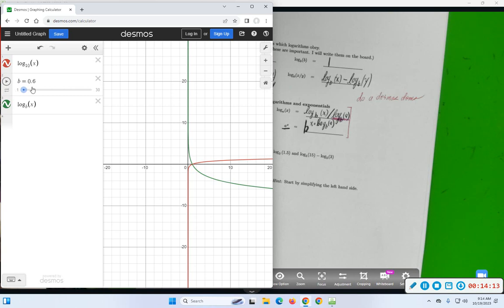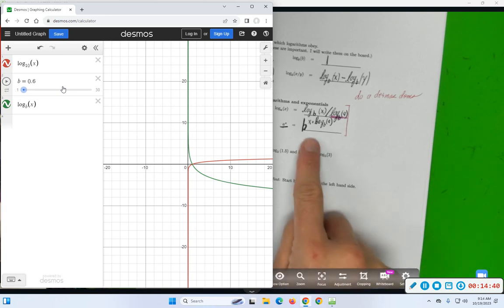What's the log of 0.6? Positive or negative? What sort of power do I need to raise 10 to get 0.6? Negative. Because 10 to a positive power will be at least 1. So that log is negative, which is why it reflects. That feel pretty good? So all logs have the same graph, except vertically stretched, maybe vertically flipped.